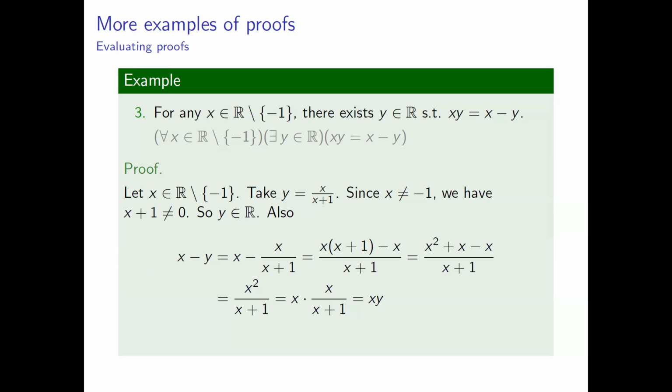So, x minus y is indeed equal to x times y as required. Therefore, the number x over x plus 1 is the desired number y, which proves the existence of y. Since x is arbitrary, this proves that the claim is true.